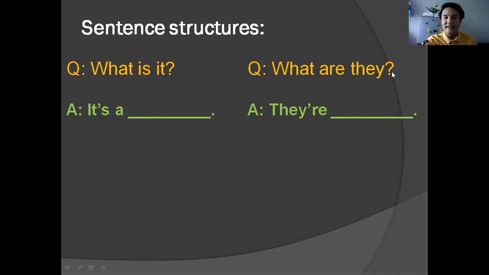For what are they, they are blank. You use are for two or more things. We use is for one, for singular. So what is it? It's a blank. What are they? They are blank.